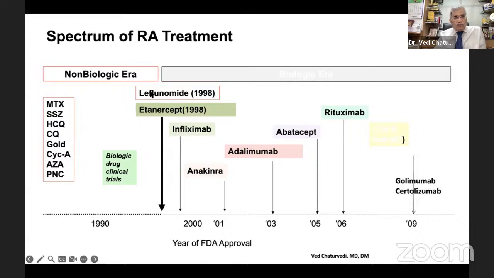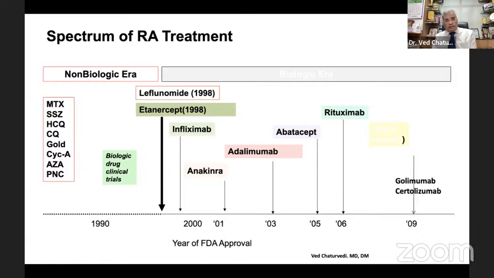Otherwise, when these drugs are used, we tell the patient to get a blood test done every 1 to 3 months. What blood test? The CBC, creatinine, and SGPT. Why is it done?